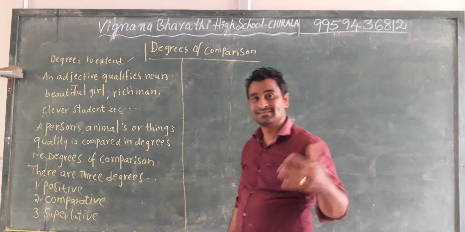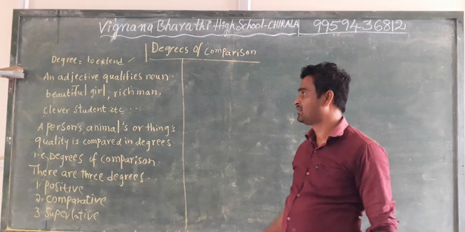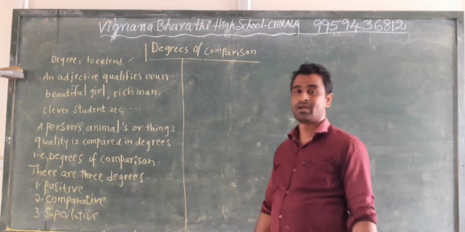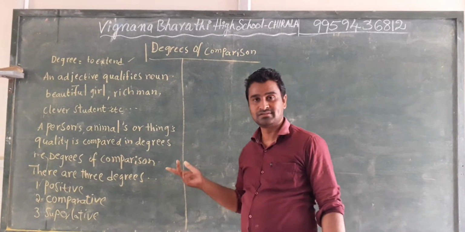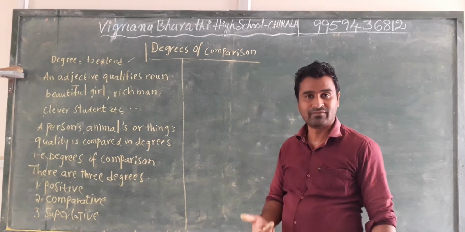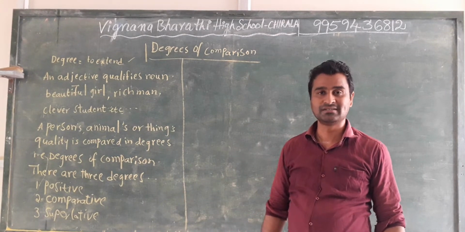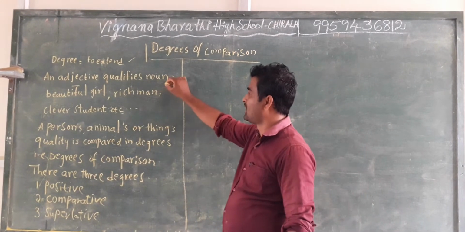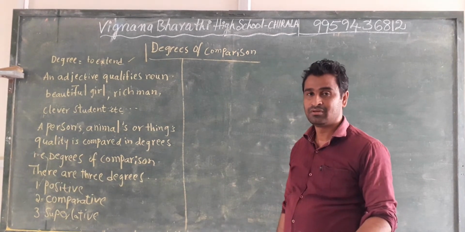So, what is an adjective? We have been learning parts of speech. In parts of speech, we have 8 types: noun, pronoun, adjective, verb, adverb, preposition, conjunction, and interjection. The third one is adjective. What is an adjective?